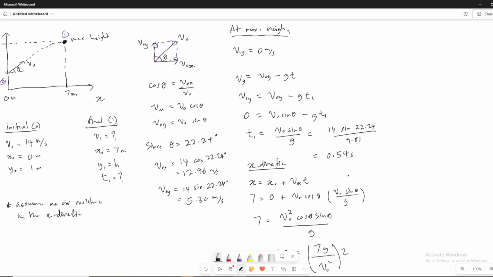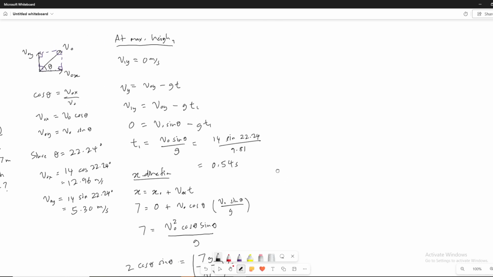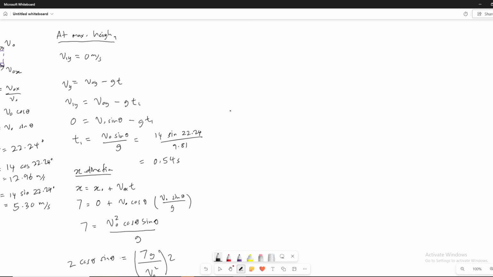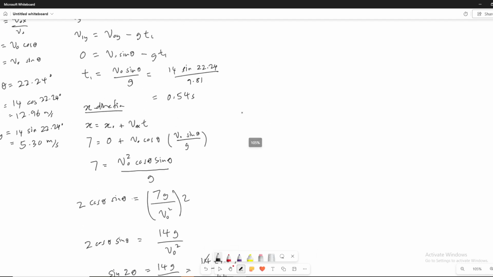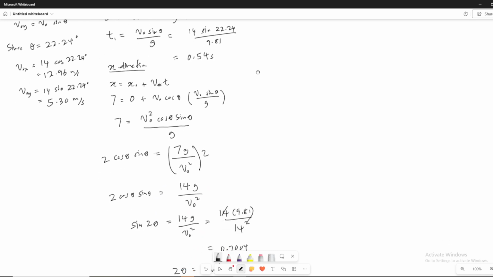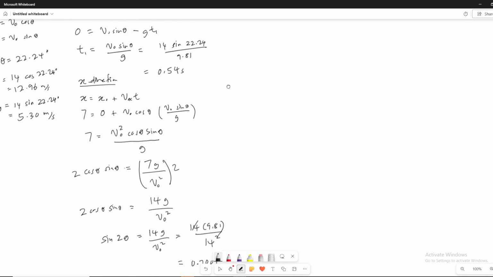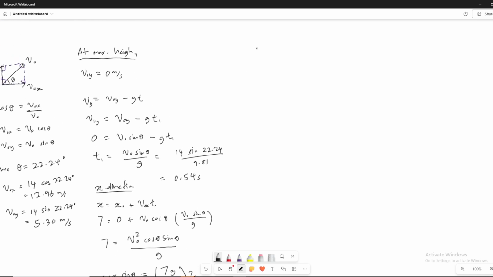Now if we were to find V1, we already know that V1y is 0. V1 is the square root of V1x squared plus V1y squared, and V1y is 0, so we need to find V1x.